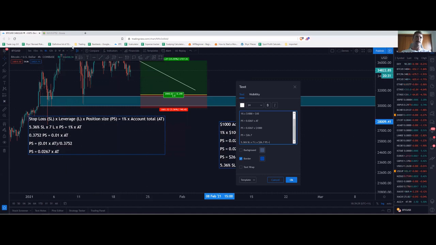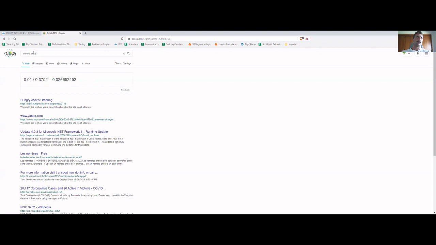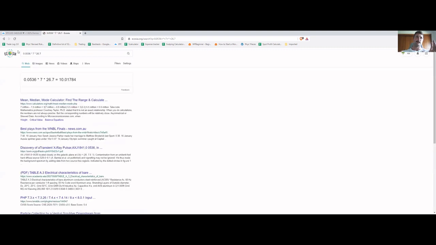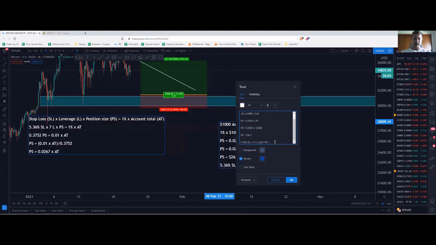In fact, we'll stick it all in the calculator: 0.0536, that is 5.36%, times the 7 for our leverage, times the 26.7 for our position size. This should spit back $10. Beautiful. So again, the same as the last video, it's out by a smidge because we did round off those numbers, but you can see that that's essentially given us our 1% risk back.